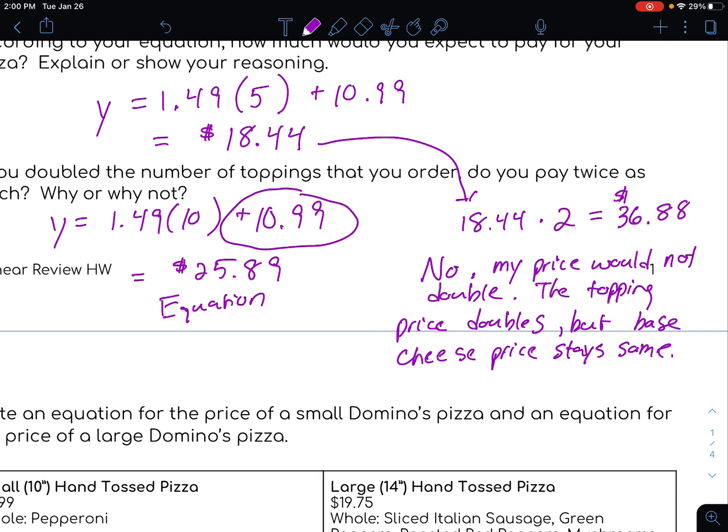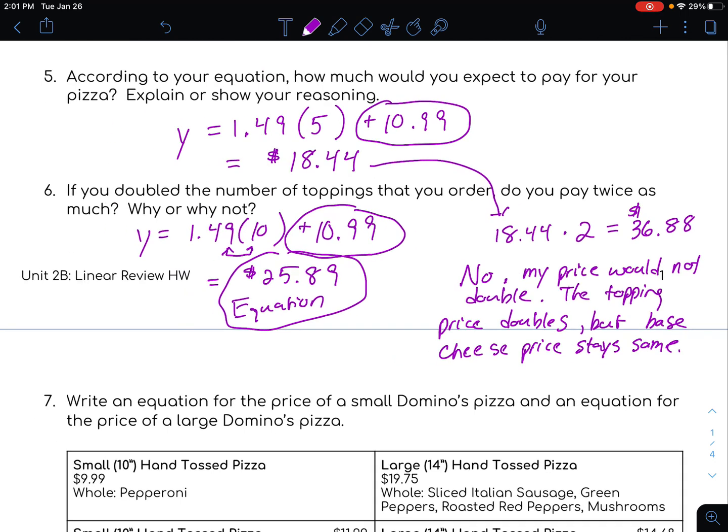I still just pay that $10.99, just like I paid up here with the 5 toppings. What does change is that I am going to pay twice as much for the toppings, but that doesn't make my pizza $36.88. It's just $25.89. Okay, hopefully that makes sense.